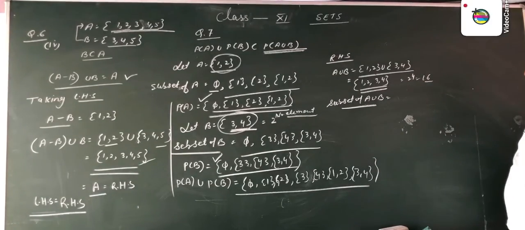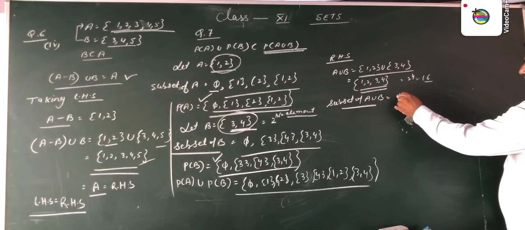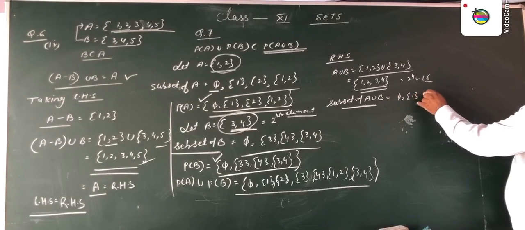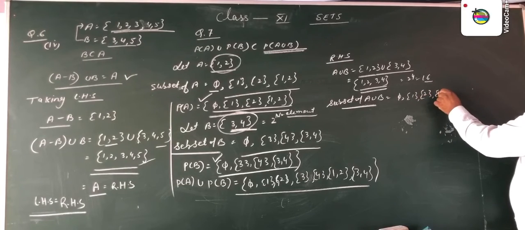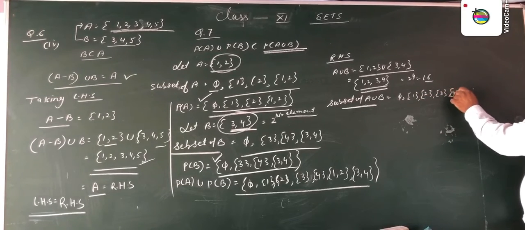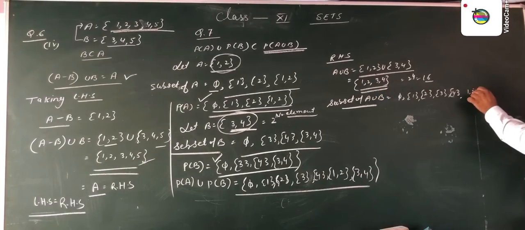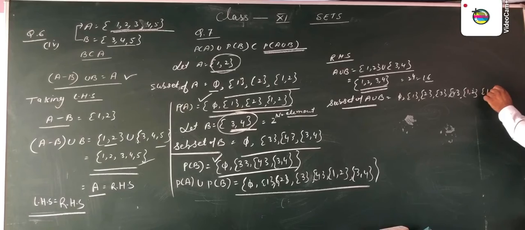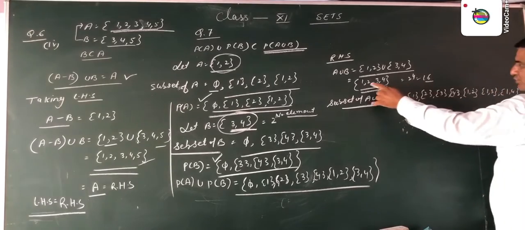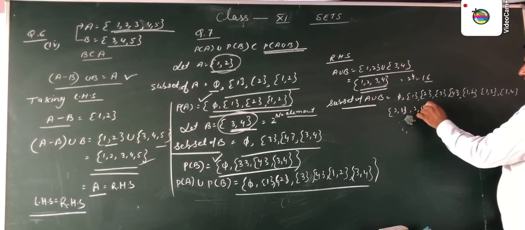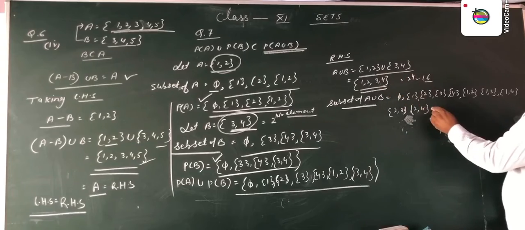We write a few subsets. First of them is the empty set. After this 1, 2, 3, 4. And after this we take the pairs: 1, 2, 1, 3, 1, 4, and after this 2, 3, 2, 4, and after this 3, 4.